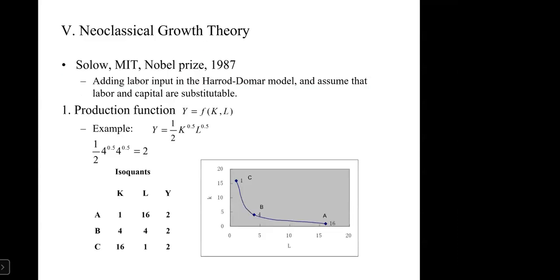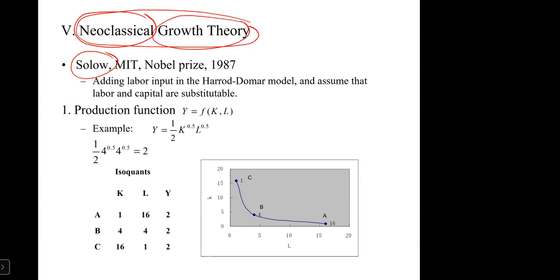So now we are in the new classical growth model. This model was originally proposed by Solow. It is called new classical largely because this growth theory is built upon new classical economics. This new classical economics assumes perfect competition, assumes there's no friction in the economy, right?